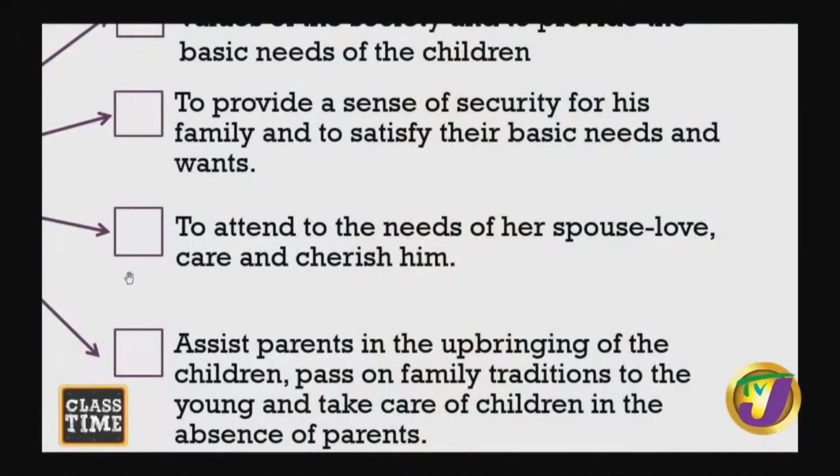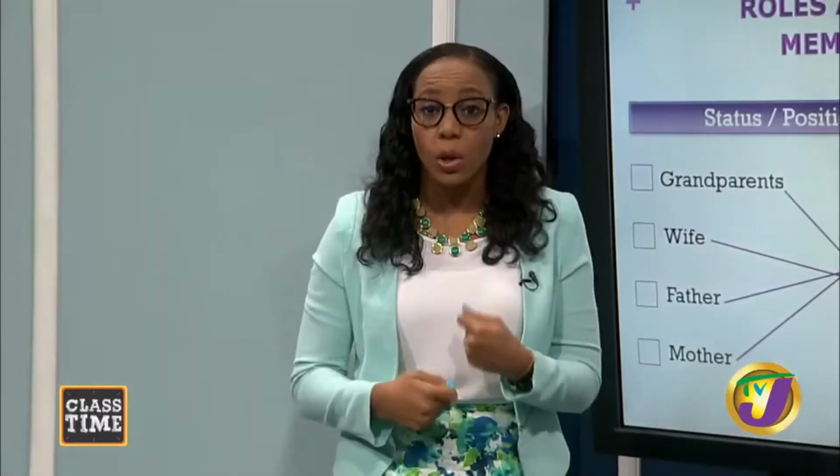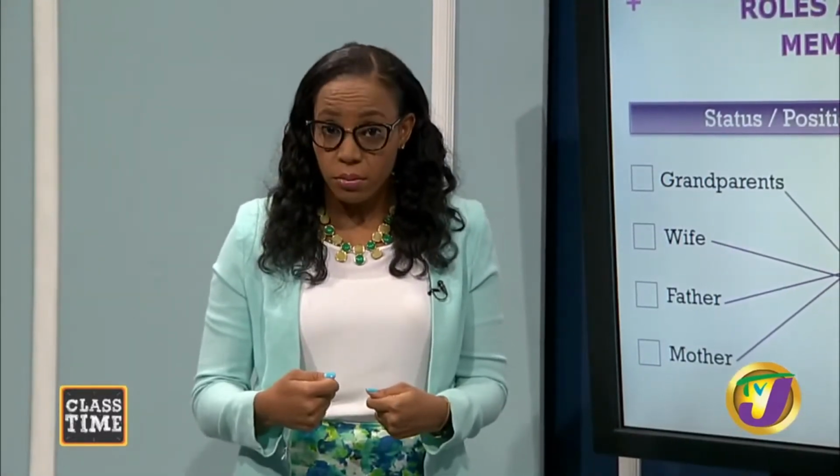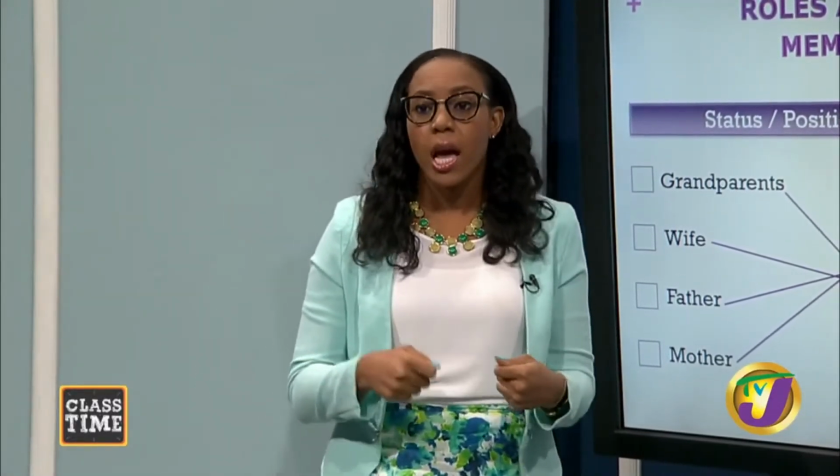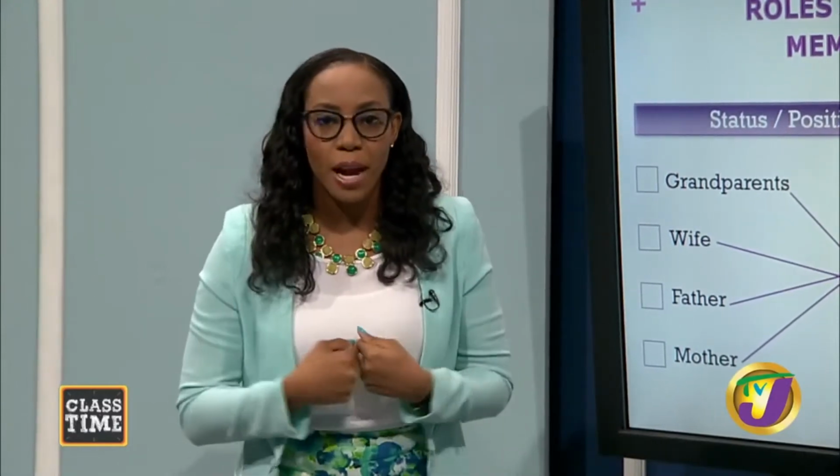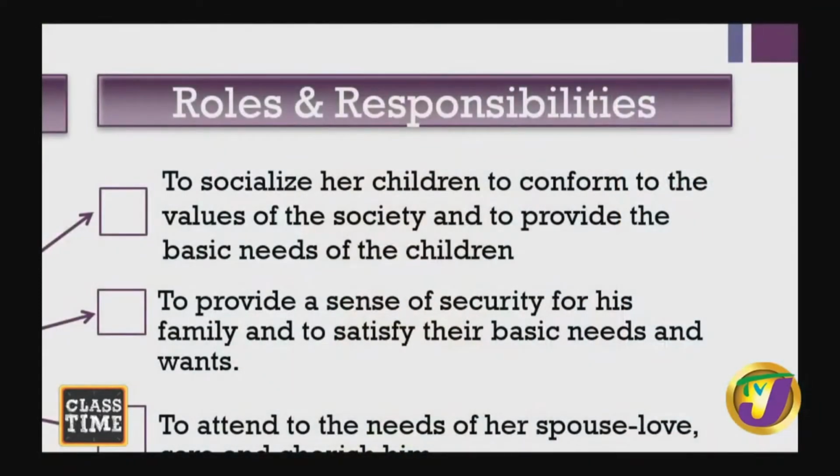And if it is not a legal marriage, but it is a common law or consensual union, the female in that relationship ought to attend to the needs of her spouse, ought to cherish and take care of him. And the same is true about the husband. The husband is expected to attend to the needs of his wife, cherish and love her. All right? Next, we're looking at the father.